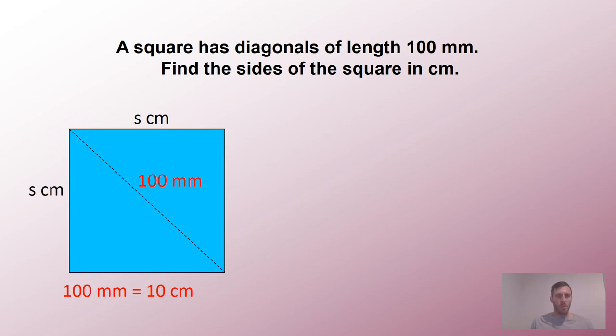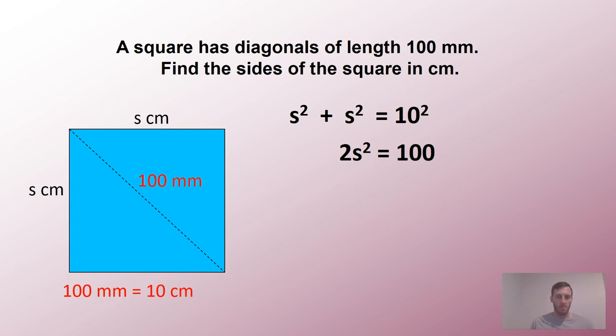This time we're not given any of the lengths of the sides except for the diagonal. So we label both sides that we know are the same length as s centimeters. Now we can solve. S squared plus s squared equals 10 squared, which is the hypotenuse of our triangle. We collect like terms and get 2s squared equals 100.